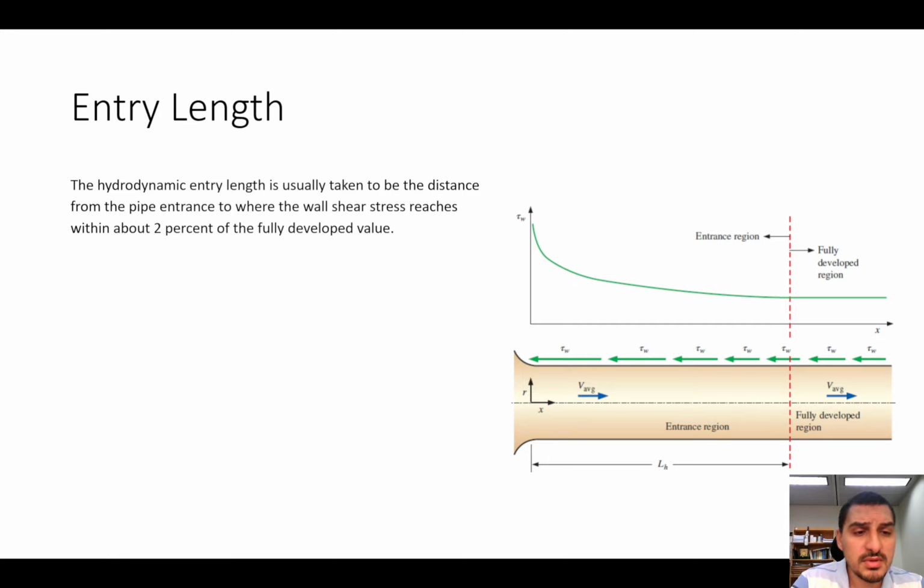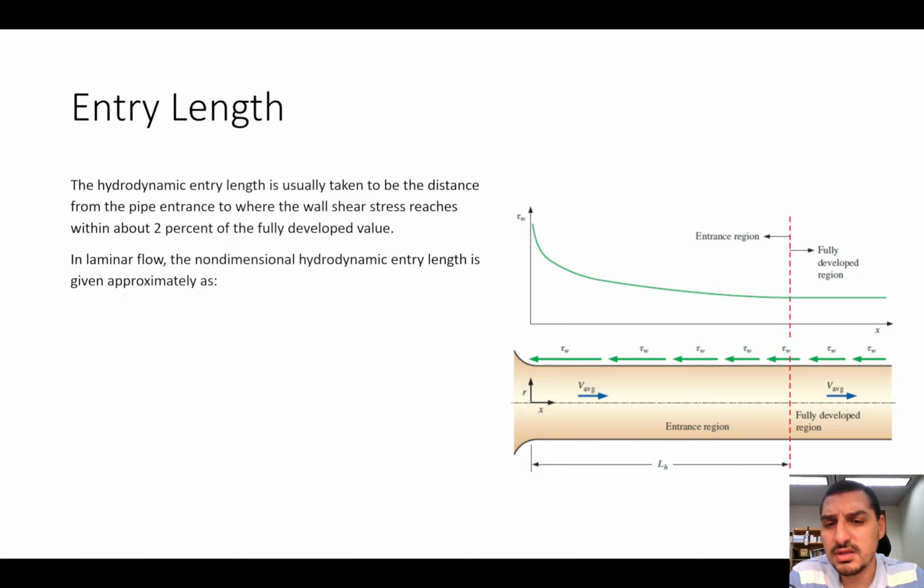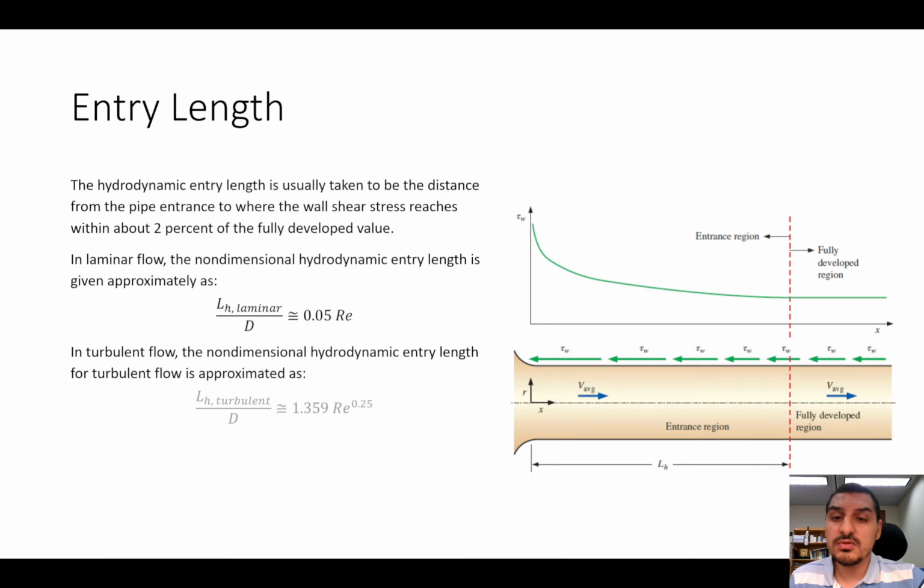The hydrodynamic length is obtained experimentally, but for laminar flow it is approximated as the hydrodynamic length over the diameter equals 0.05 times the Reynolds number. And remember that for laminar flow, the Reynolds number is less than 2,300.